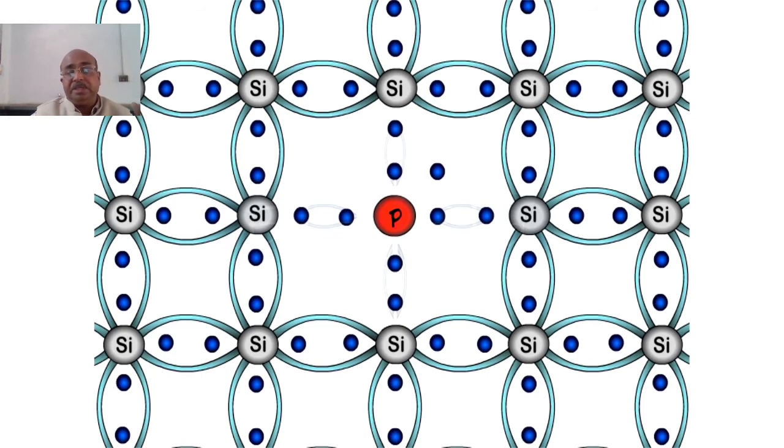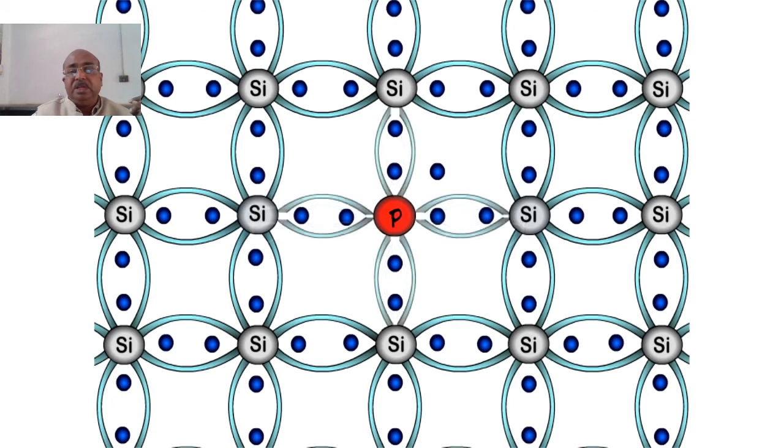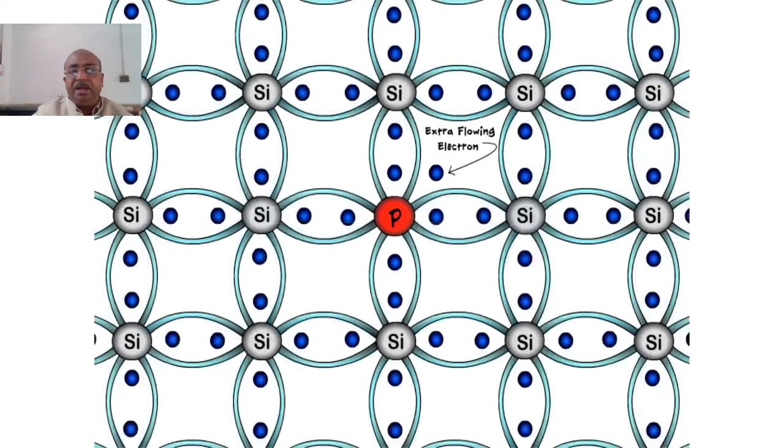So 4 of these electrons are shared with the adjacent silicon atoms while 1 electron is left over. This one leftover electron, which is not participating in the covalent bond, is free to move within this material, and this extra free electron helps to constitute current.